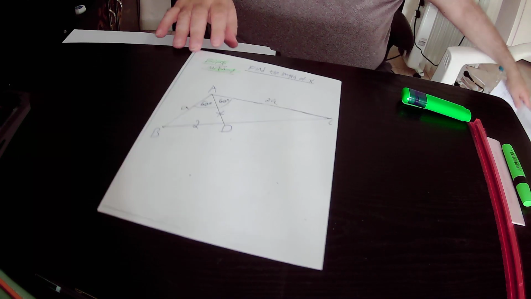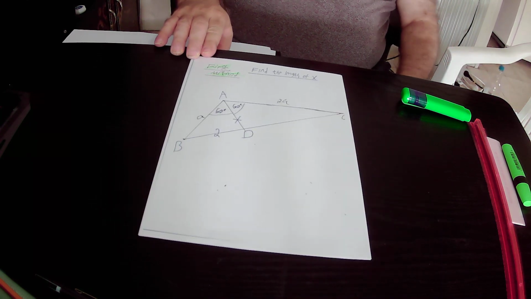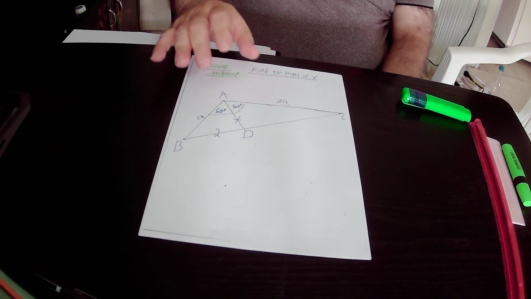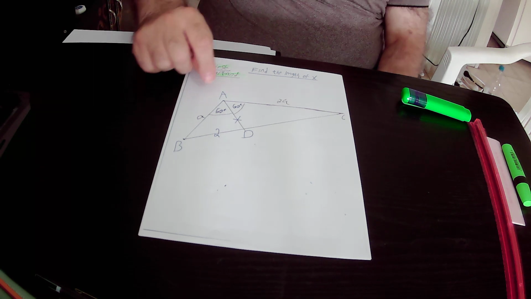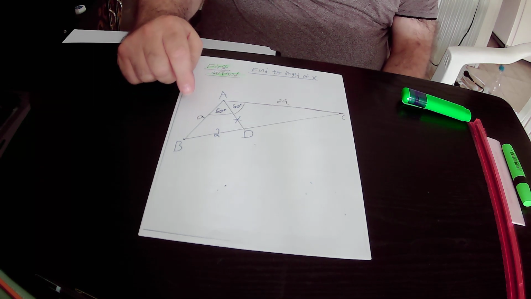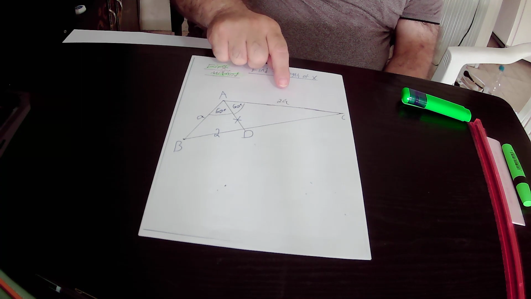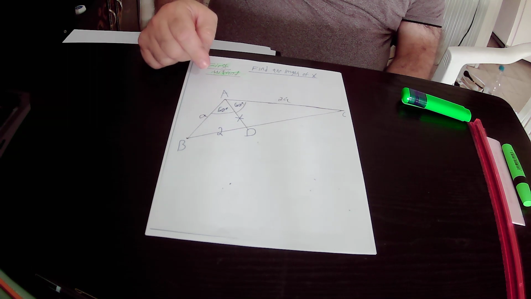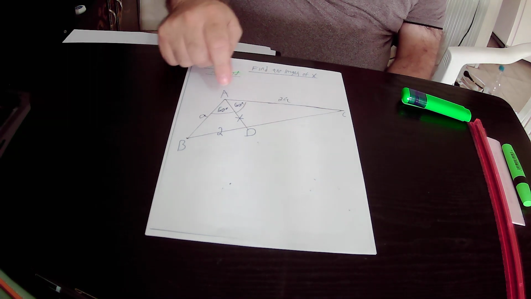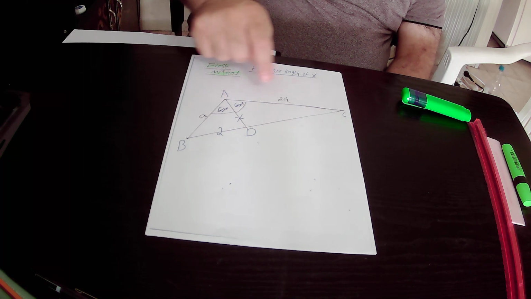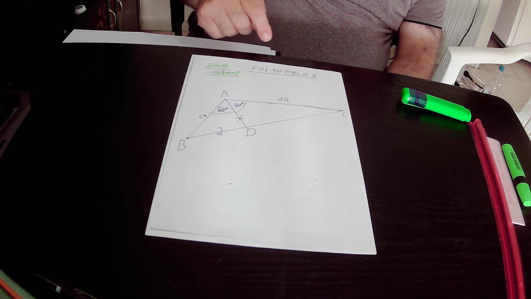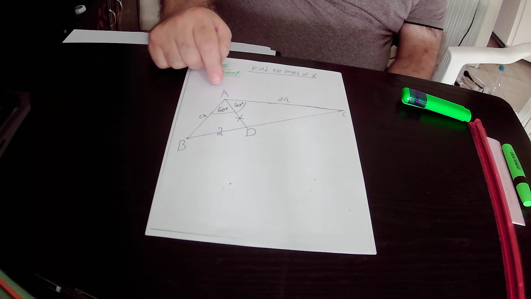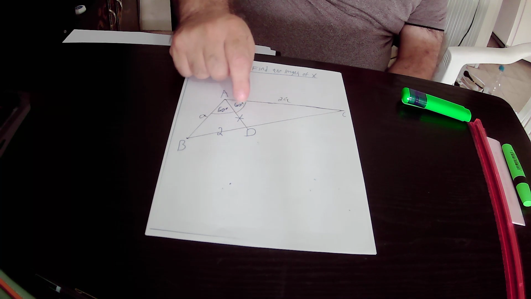So here in the drawing we have triangle ABC, side AB equals a units, side AC equals 2a units, line segment BD equals 2 units, and we know that angle BAD equals 60 degrees, angle DAC equals 60 degrees. Again side BD equals 2 units, and we want to find the length of line segment AD that is equal to x.